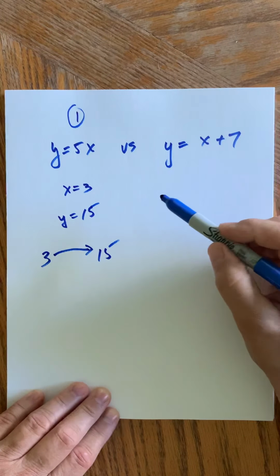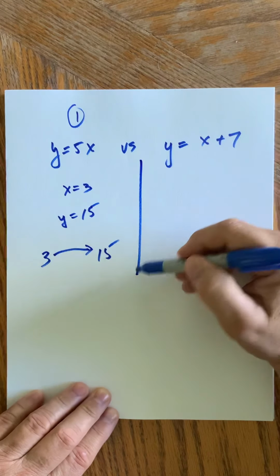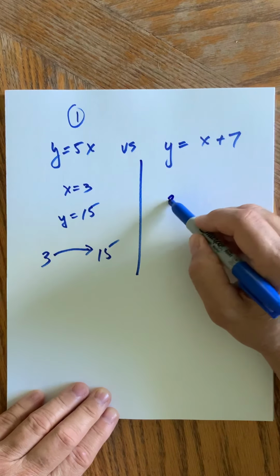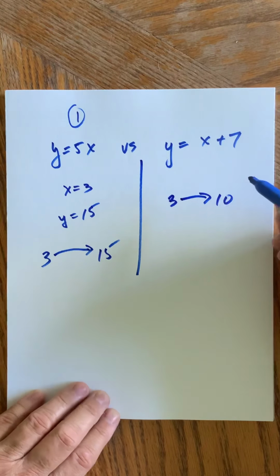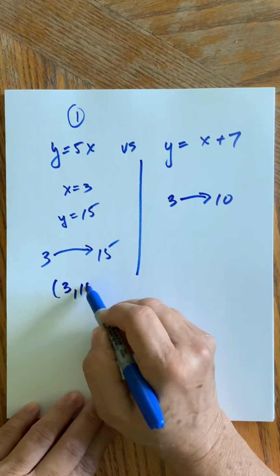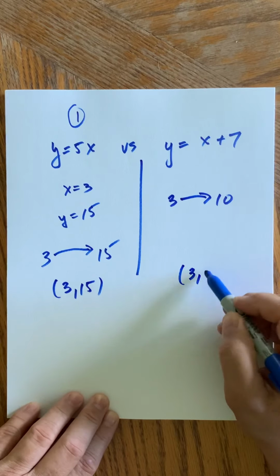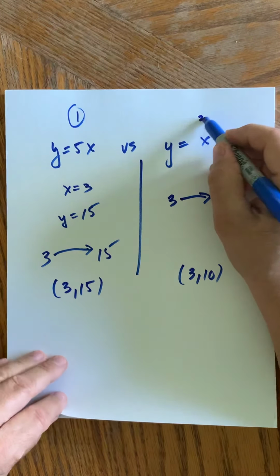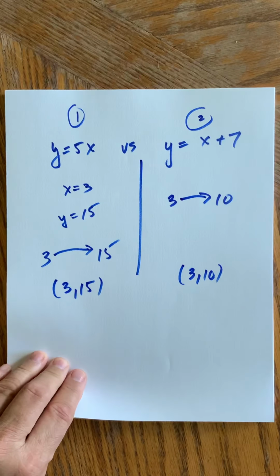And then over here on this other function, if I put in 3 for x, I'll get 10 for y. So 3 is mapped to 10, or paired with 10. So you get the ordered pair (3, 15) here. You'd get the ordered pair (3, 10) there as a point. Okay, so it's just a different kind of rule of correspondence or way of pairing.